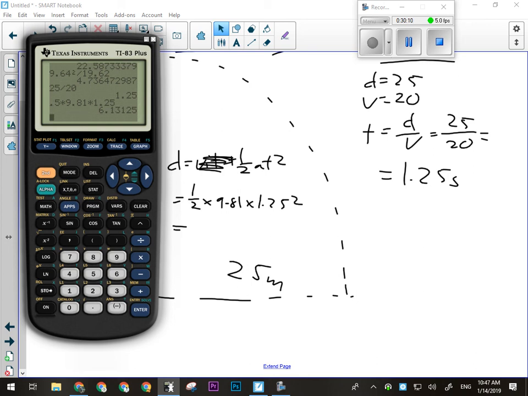Oops, I forgot the square. All right, so the cliff is 7.6 meters high, I guess. Okay, everyone all right with that? It's not a very tall cliff, but you went off it pretty fast.